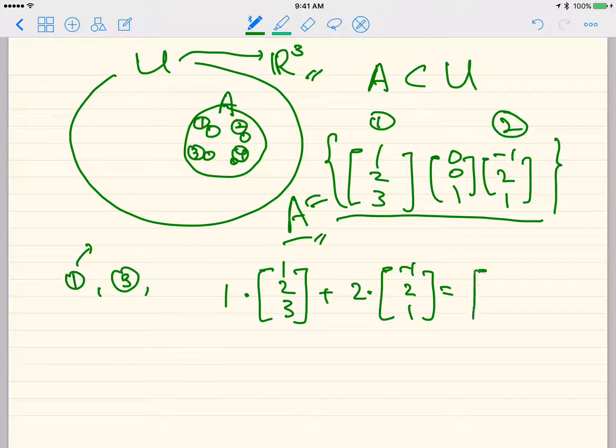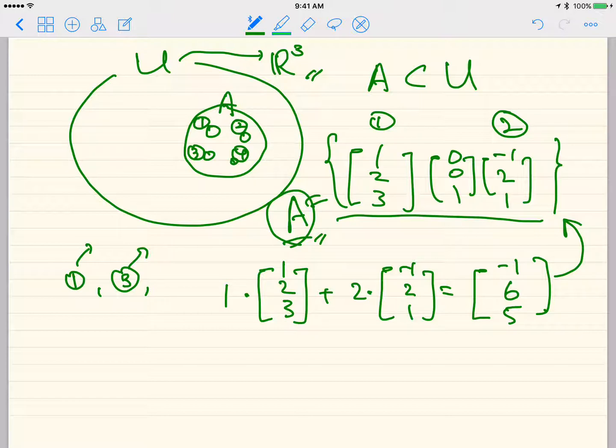Okay, in that case, can you give the result? It's (-1, 6, 5). Okay, so we formed just one linear combination from these 2 seed vectors that we picked from our subspace, and then this vector should be included in our subspace A. So in that case, we call that a subspace instead of just calling that a subset.